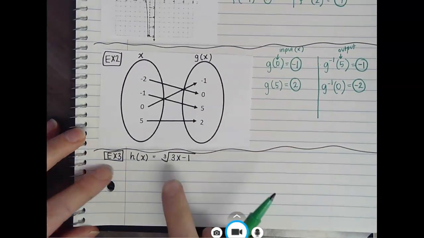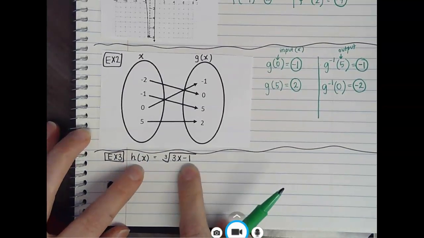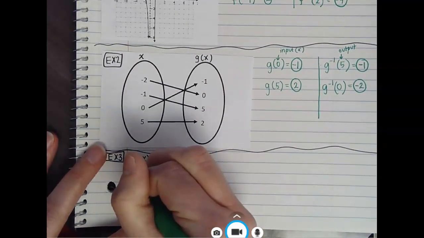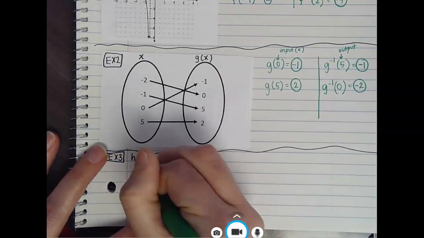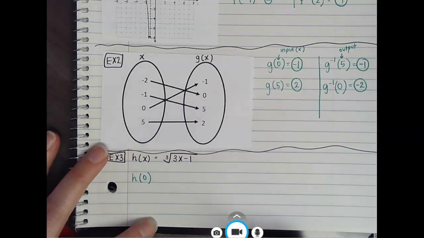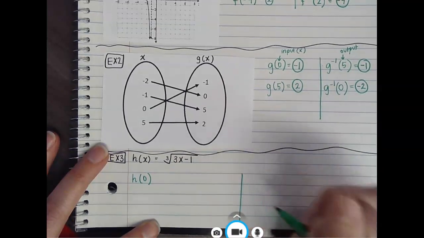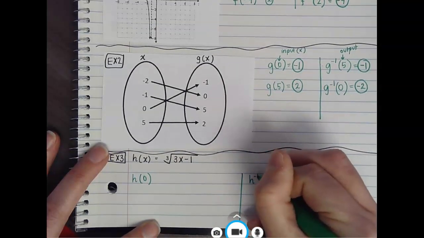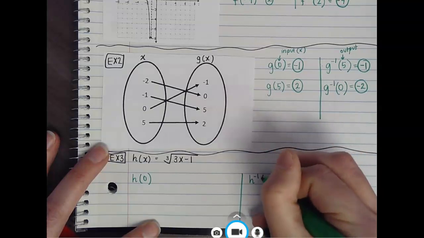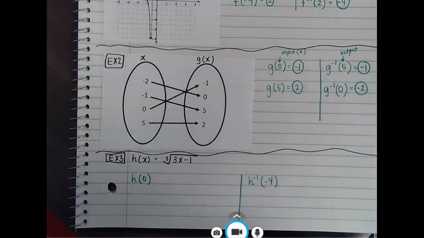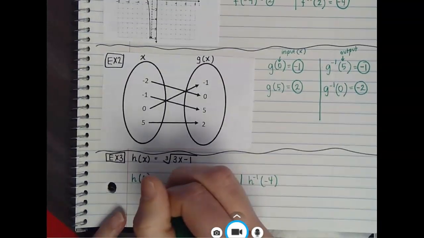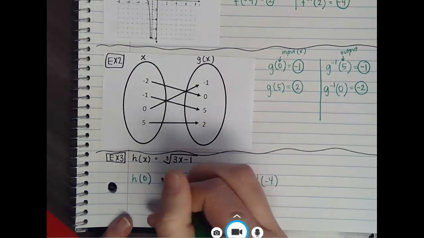My last example is, what if I represent the function as an equation? Here's one example, h of 0. And then the other example I'll give you is the inverse of h of -4. So if I want to evaluate h of 0, that means I'm going to input 0 into the equation for x.